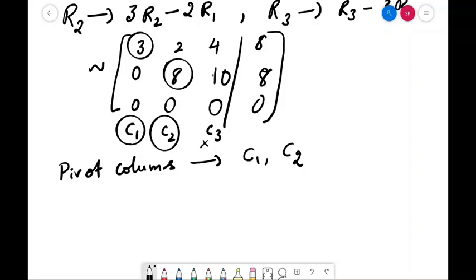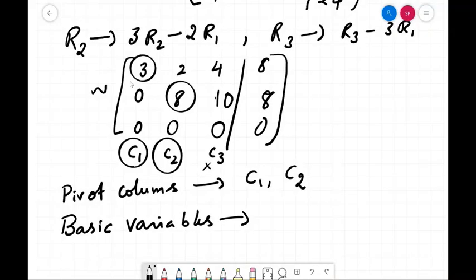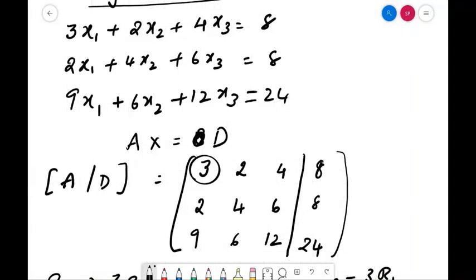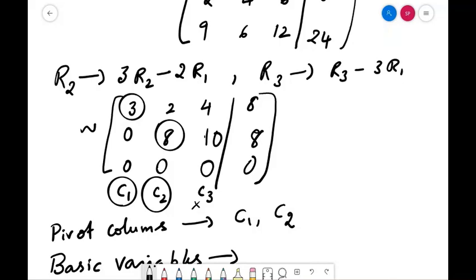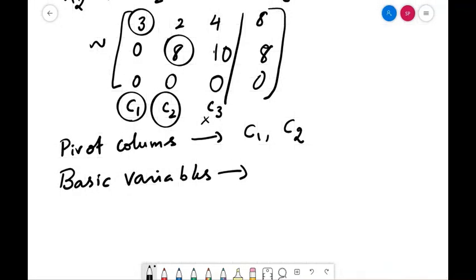And if these are pivot columns, I am giving another word here: basic variables. In this system of equations, how many variables do you have? x1, x2, x3. Now when I come to this echelon form, it also represents a system of equations.